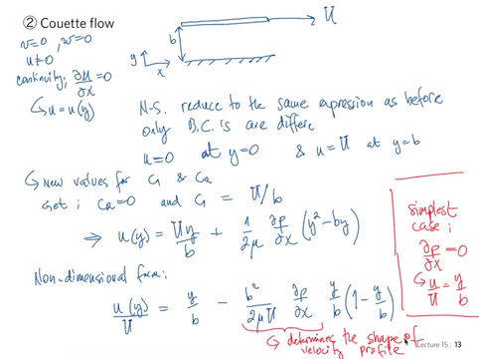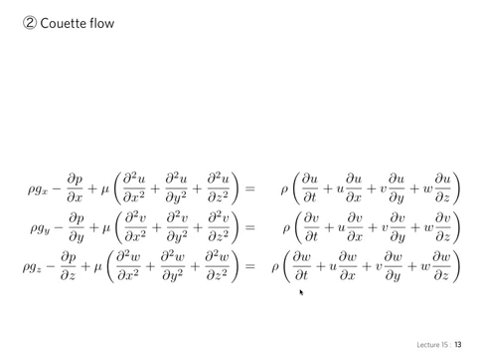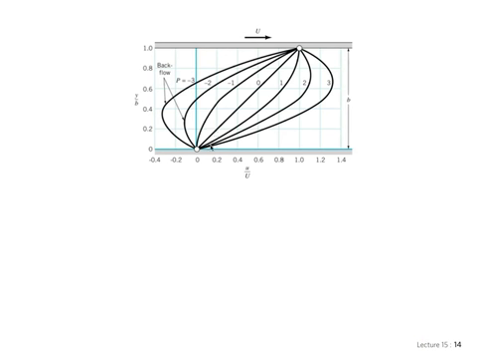Okay. Let me show you some profiles, and we'll be finished for today, how they look depending on this parameter here, b squared over 2 mu U times dp/dx. These are the different options. For the value of this, we call it capital P. This capital P is this coefficient, minus b squared over 2 mu U times dp/dx.